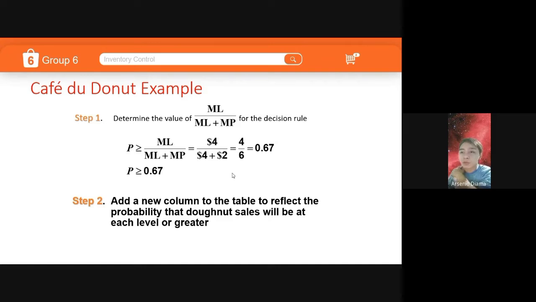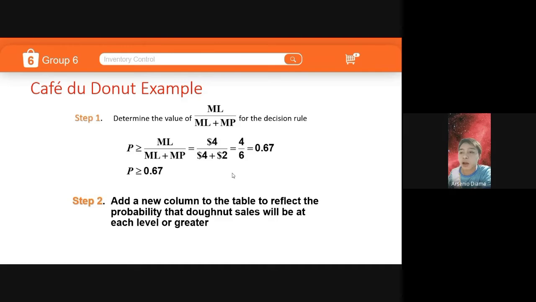By substituting the given numbers, $4 divided by $4 plus $2 equals 4 over 6, or 0.6666, which is rounded off to 0.67. So the probability of optimal stock is 0.6666 or 0.67.